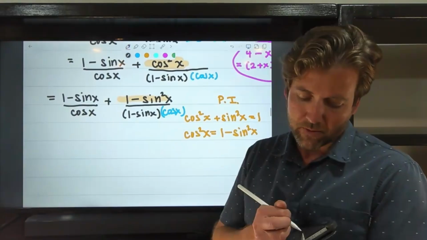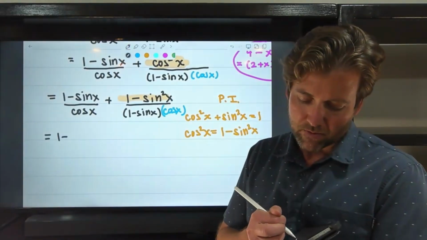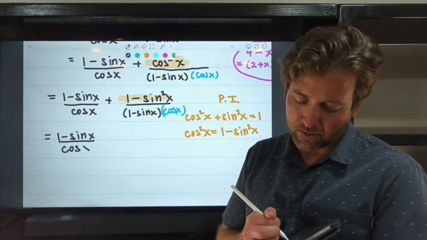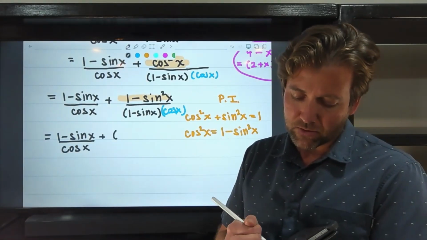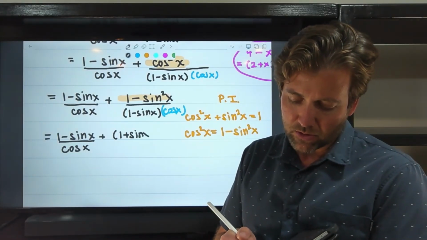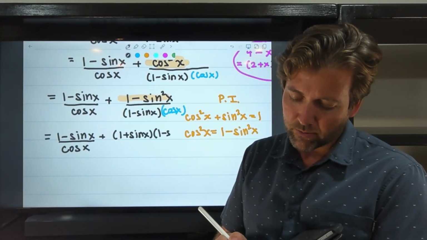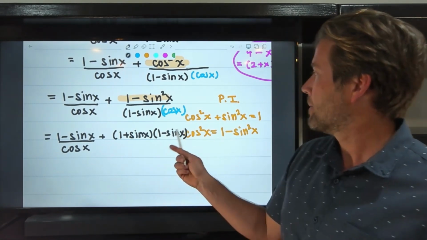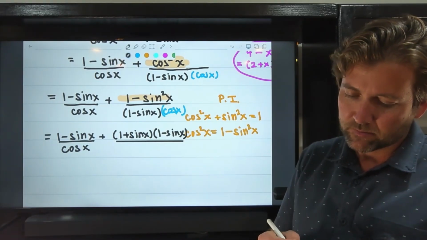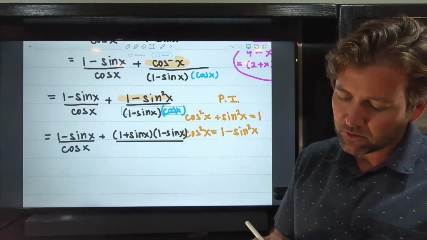So I leave this first term right like it is. I know I factor 1 minus sine squared x as 1 plus sine x times 1 minus sine x all over. I still have this denominator here.